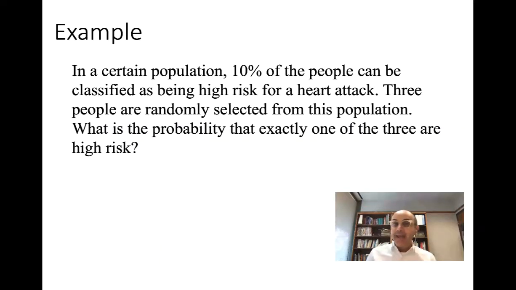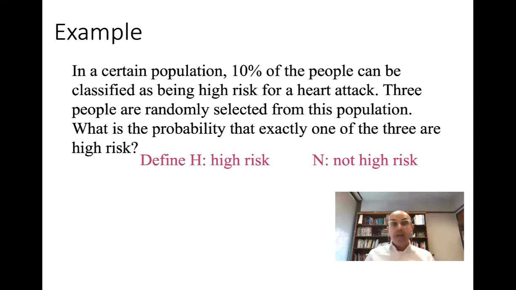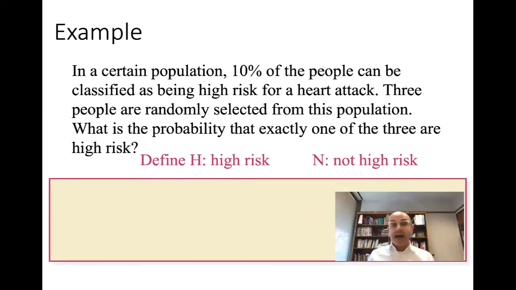Example: in a certain population, 10% of the people can be classified as being at high risk of heart attack. Three people are randomly selected from the population. What is the probability that exactly one of the three is high risk? So define H as high risk and N as not high risk.